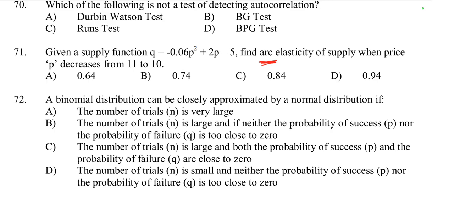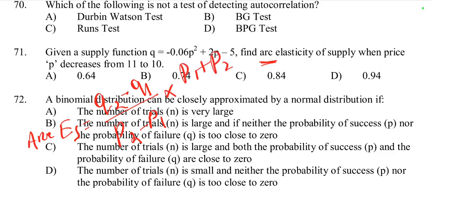The formula for arc elasticity of supply is equal to Q2 minus Q1 by P2 minus P1 into P1 plus P2 by Q1 plus Q2.